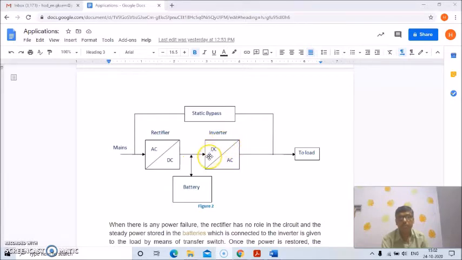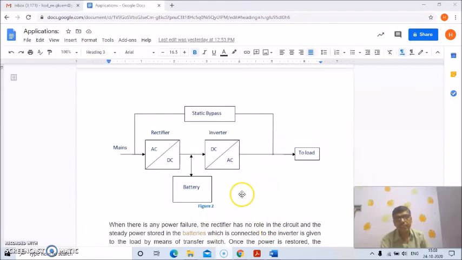So the inverter input is DC, from the rectifier and from the battery, and the output is AC, and this AC is given to the load. And this is the static bypass system. If you want to bypass, the main is directly supplied to the load.